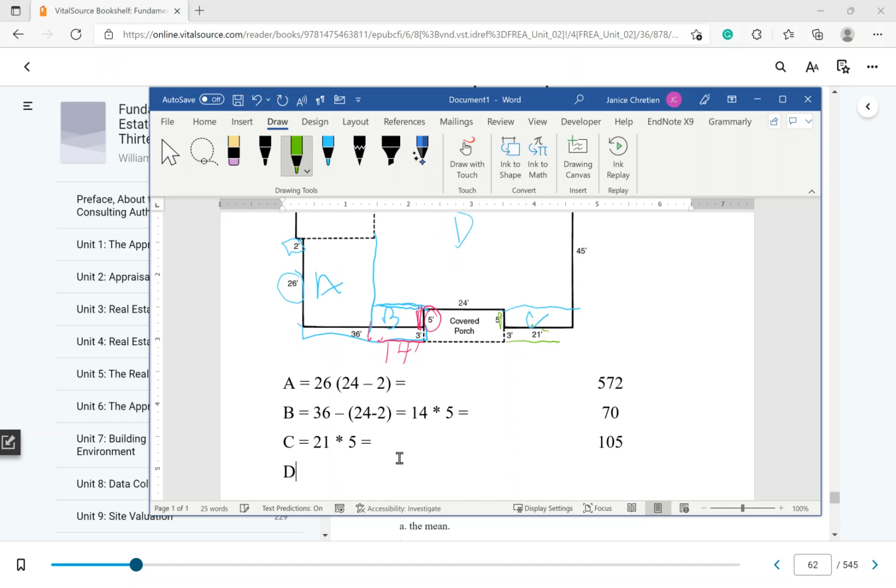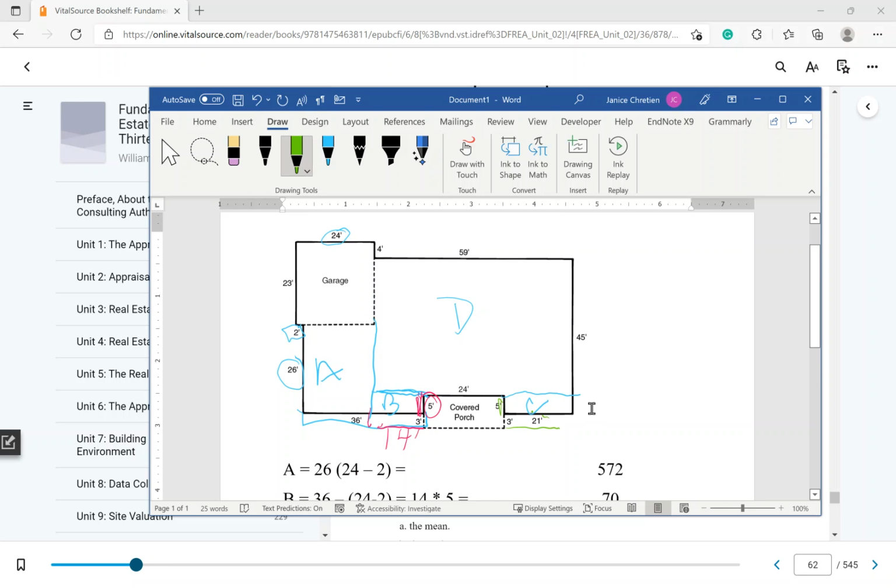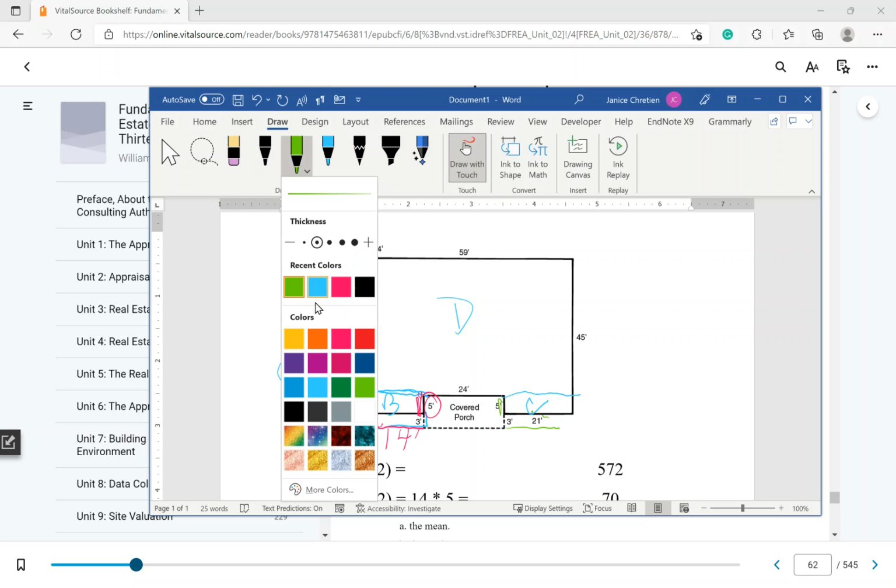And then D is going to be 59 feet across, because it tells us. Oops, why isn't it staying? Huh. Oh, it's not supposed to, I guess. Okay.